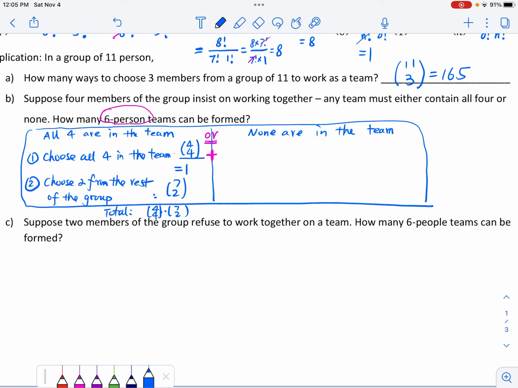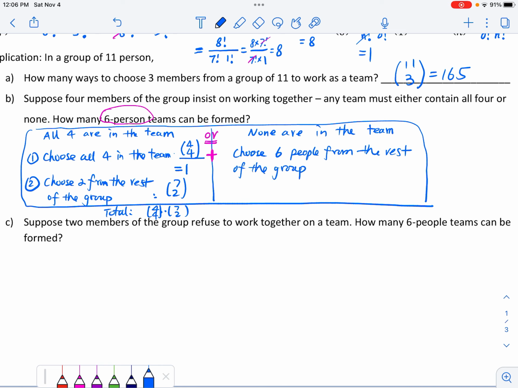Now let's take a look at the second scenario. None are in the team. So that means you just choose all 6 people from the rest of the group, not containing these 4 people.